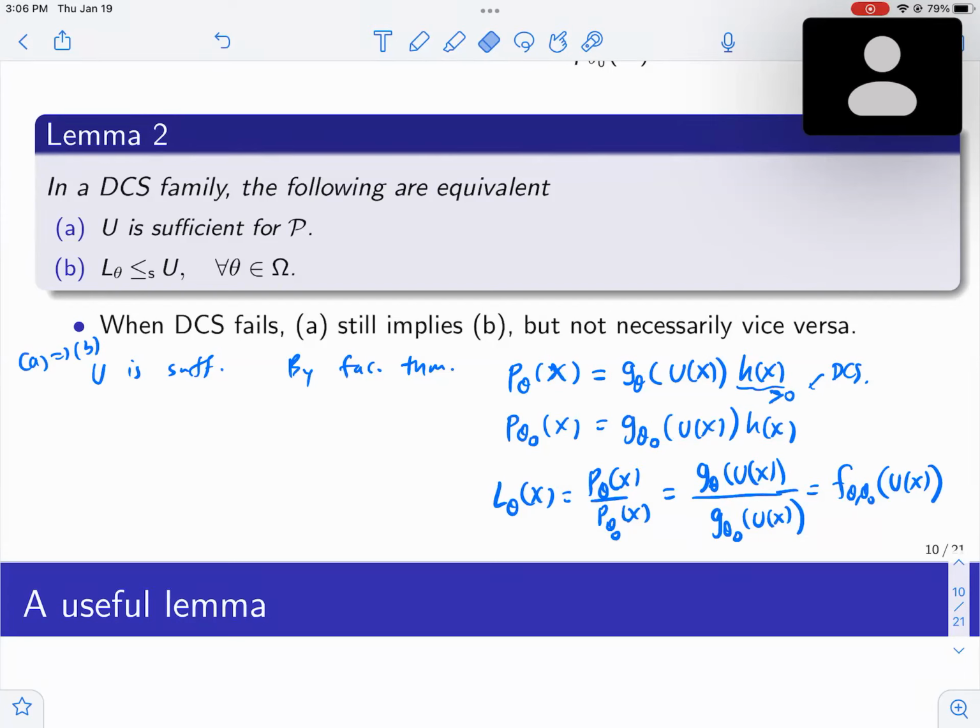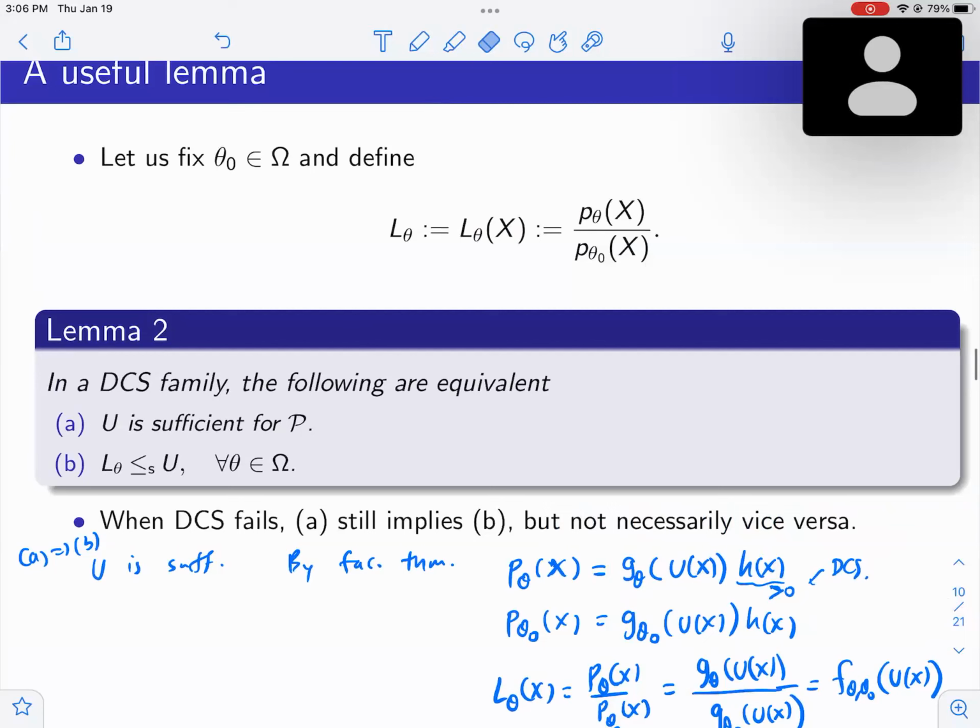That's the conclusion of this result. The way I wrote this, there is no sufficiency here. What I'm saying is that if U is sufficient, this holds, and if this holds, U is sufficient. I'm not claiming that L theta is sufficient. What you're saying is going to be on the next slide.